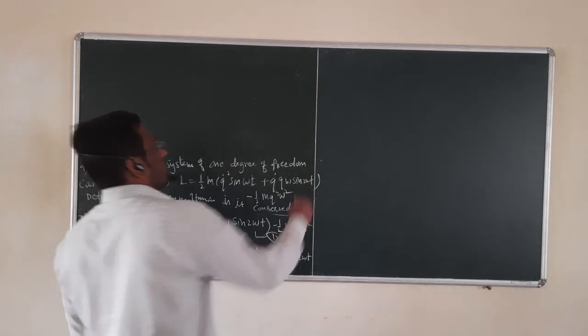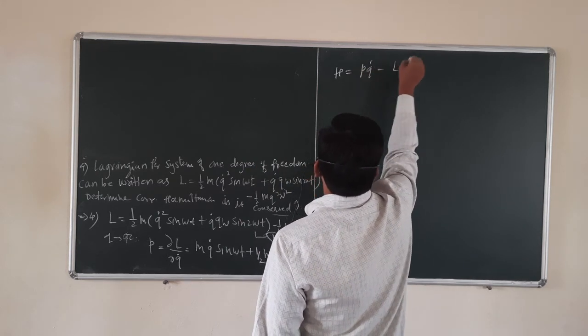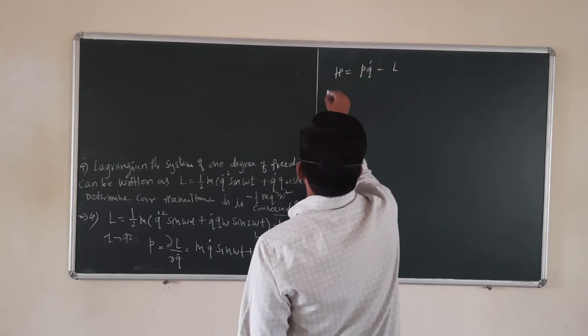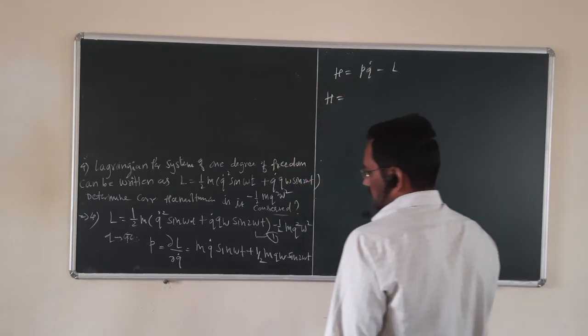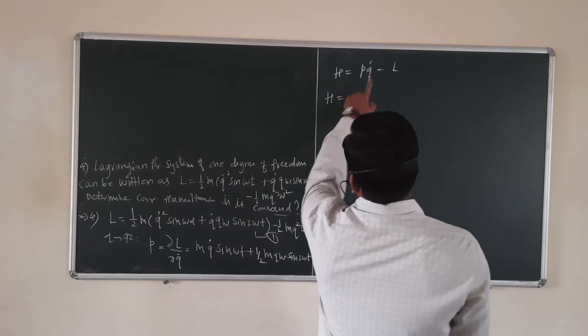Now what is the Hamiltonian H? H is p into q dot minus the Lagrangian. So you can put p as this and multiply by q dot.